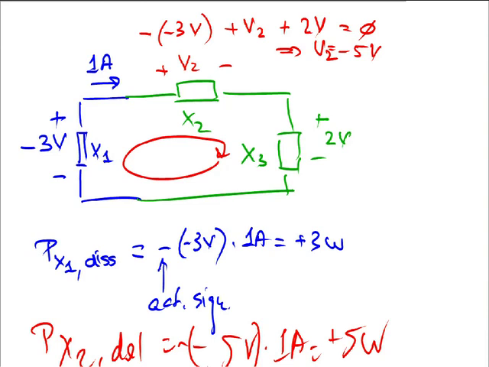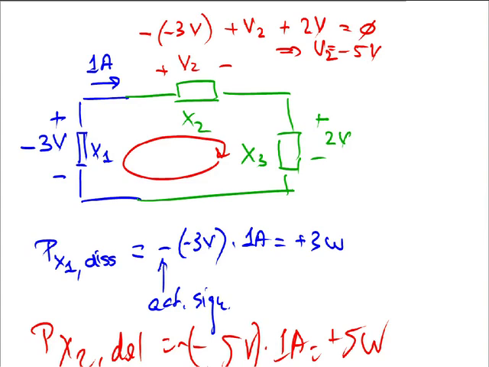Okay, but in passive sign convention, the amount of power that the component dissipates is plus voltage times plus current. Whereas the amount of power that the component delivers to the rest of the circuit is minus that.